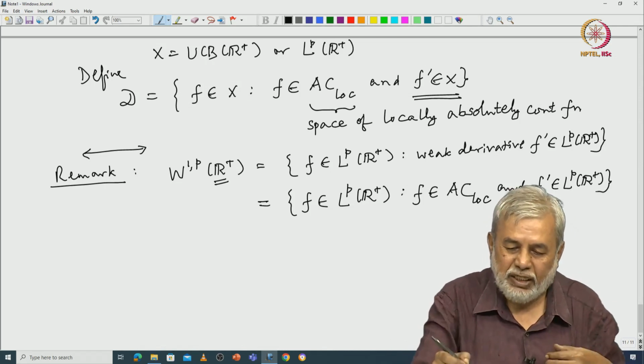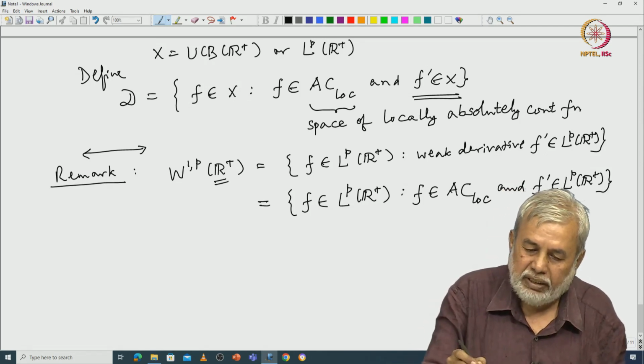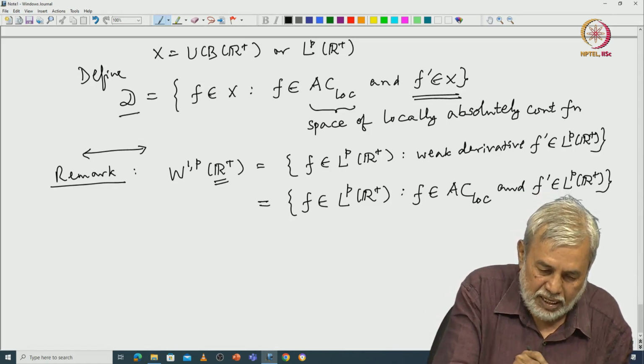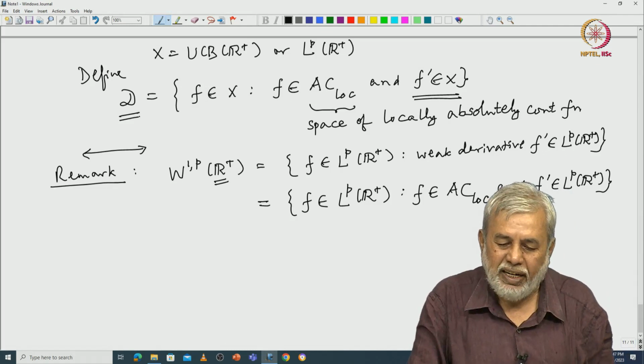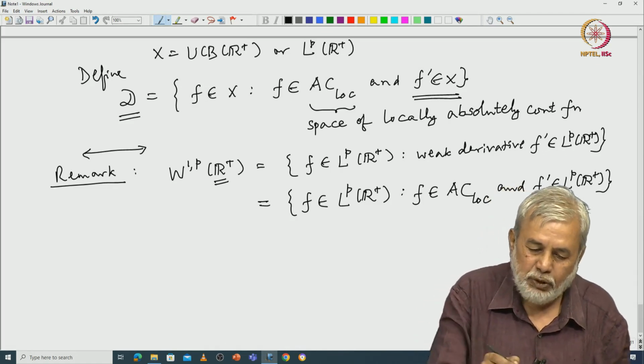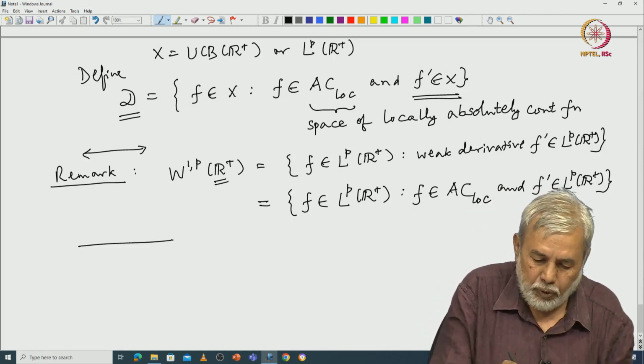Okay, so verify this, you might not have done it. This space D we have defined, at least for the class of L^p, coincides with W^{1,p}. Now you verify that.